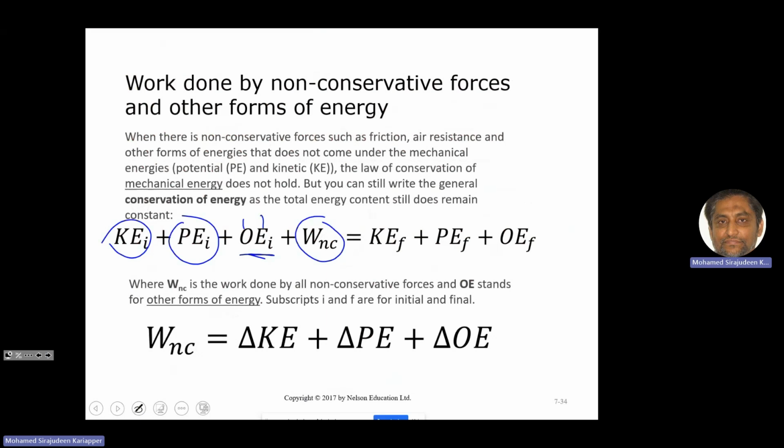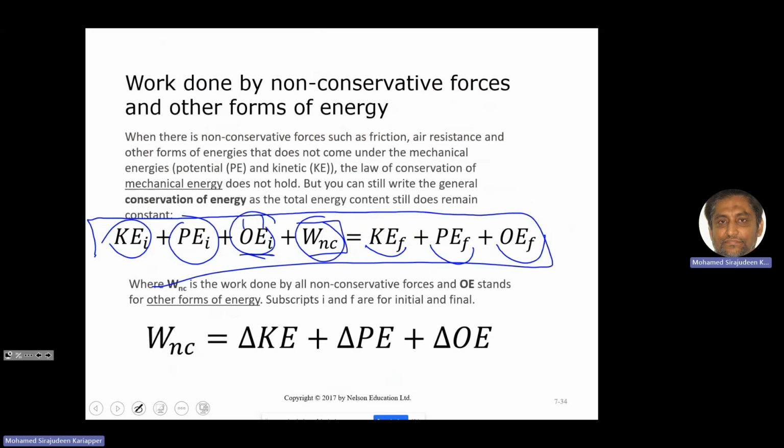There can be other forms of energy which cannot be put into potential energy coming from a conservative force. And it is equal to kinetic energy final, potential energy final, and other forms of energy final. In the process of this transformation, if there are any non-conservative forces, they will also take the energy out. So in general, I can write the conservation of energy formula like this.